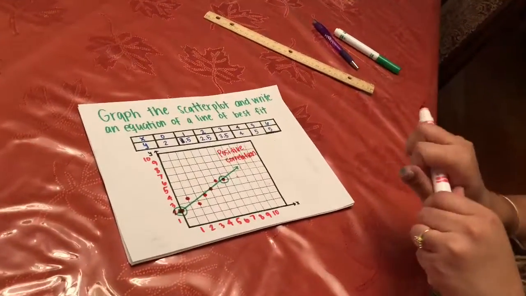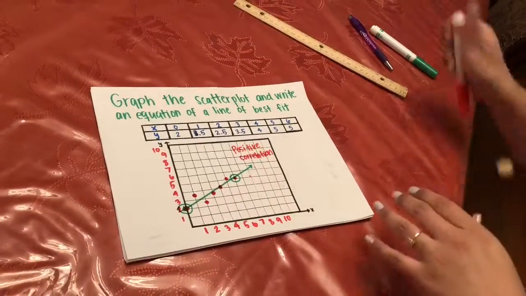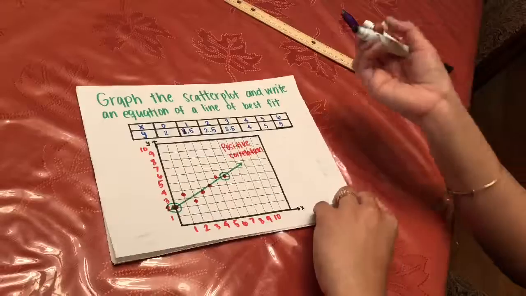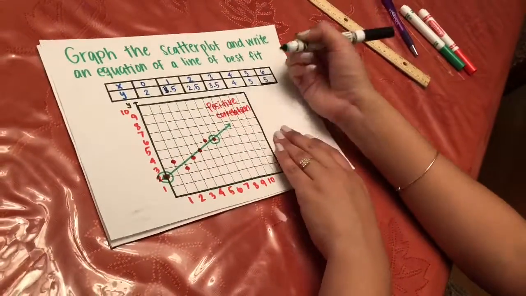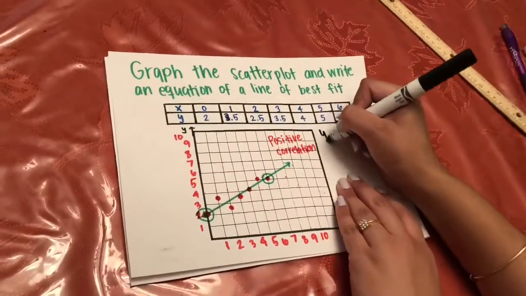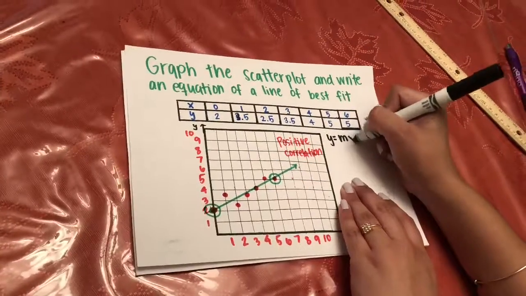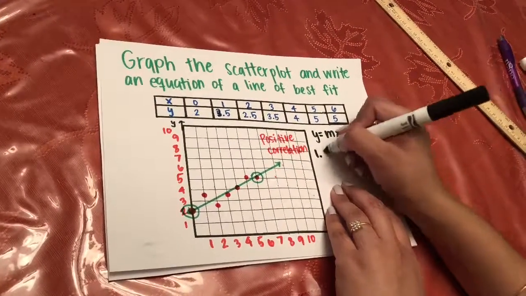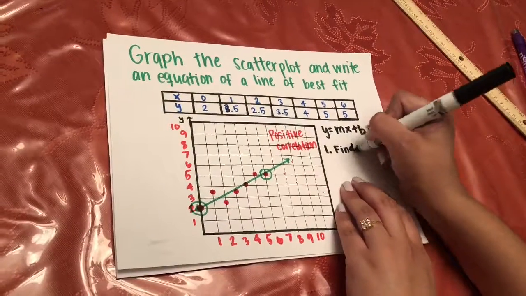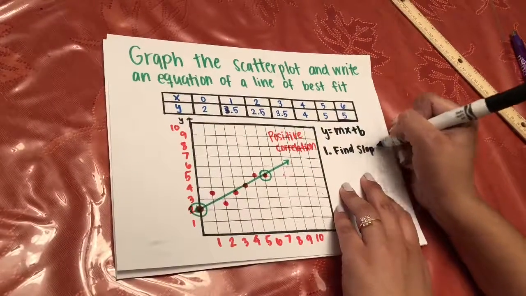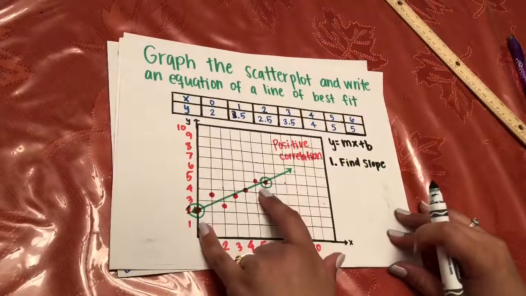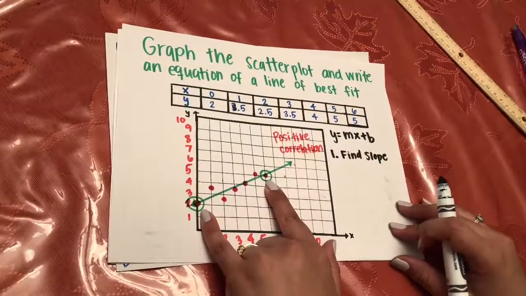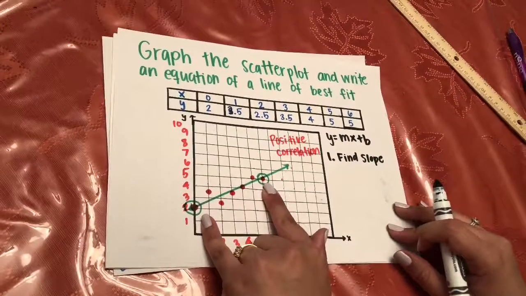Remember that our equation, I'm actually going to do this in black so it's better for you guys to see. Remember, when we're writing our equation, write it in slope-intercept form, y equals mx plus b. So the first thing that we need to do is find our slope. And this is why we chose 2 points on our line, because that's how we can find our slope. How can we find our slope using 2 points?